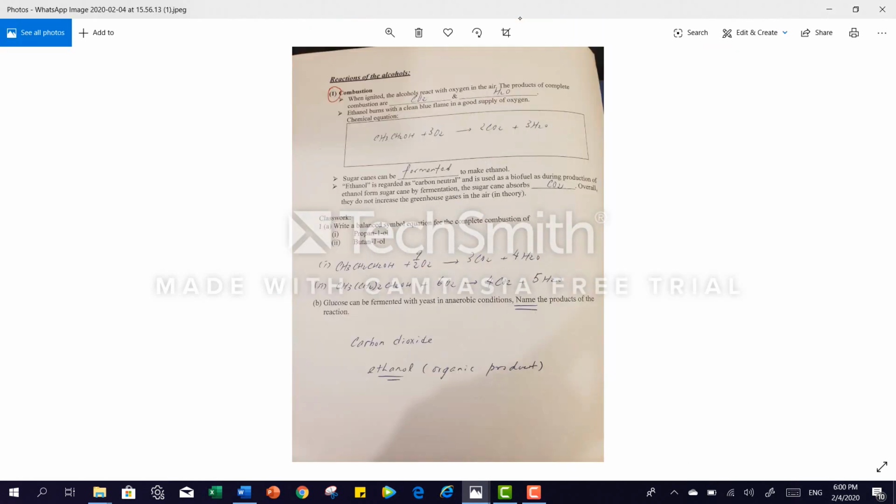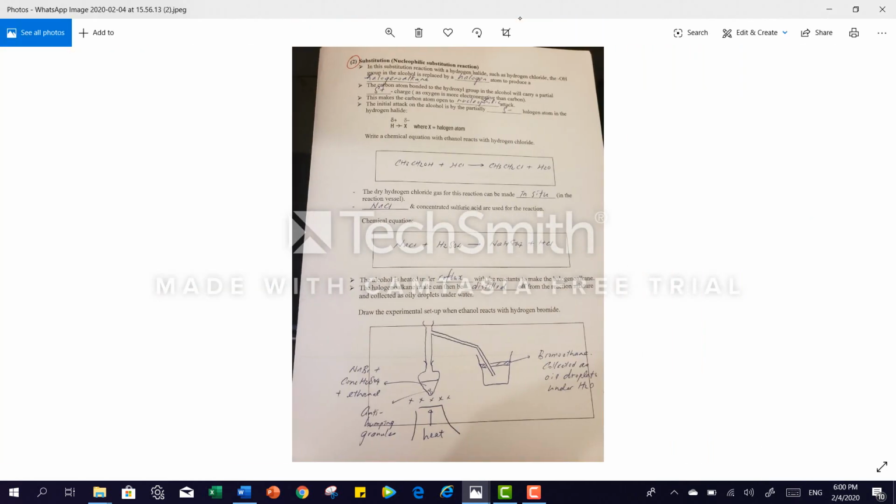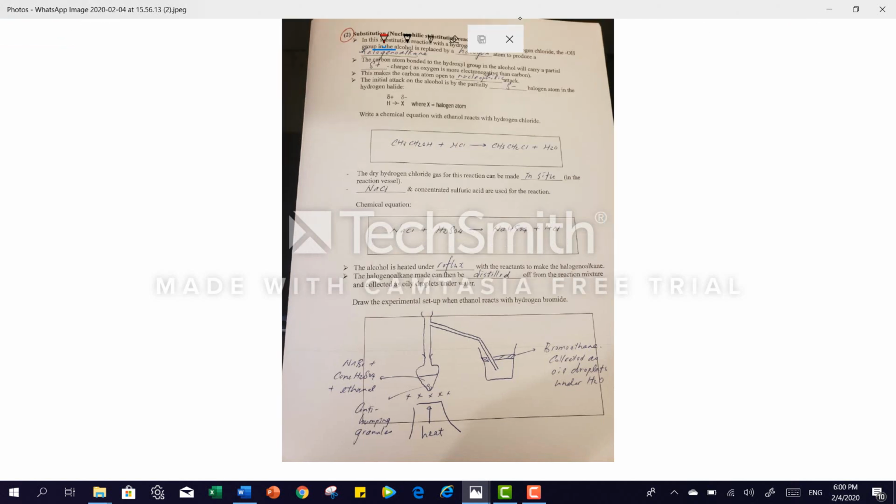Okay, substitution. Now this is what I want to tell you. Substitution reaction. Same as the halogenoalkane, the substitution reaction that alcohol has is also a nucleophilic substitution reaction.